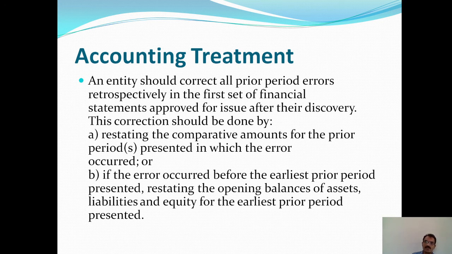This correction should be done by first, restating the comparative amounts for the prior periods presented in which the error occurred, or if the error occurred before the earliest prior period presented, restating the opening balance of assets, liabilities, and equity for the earliest prior period presented.